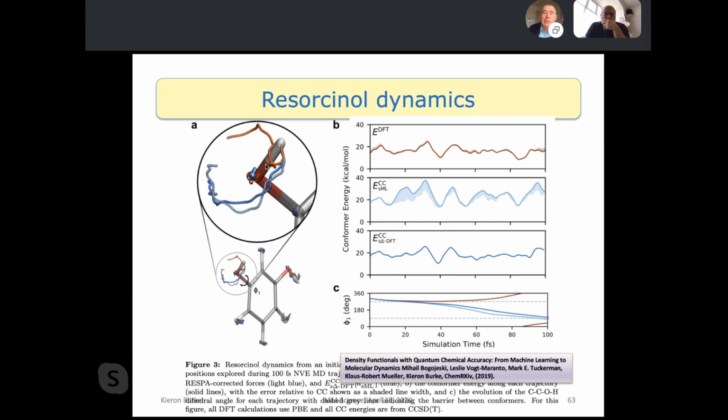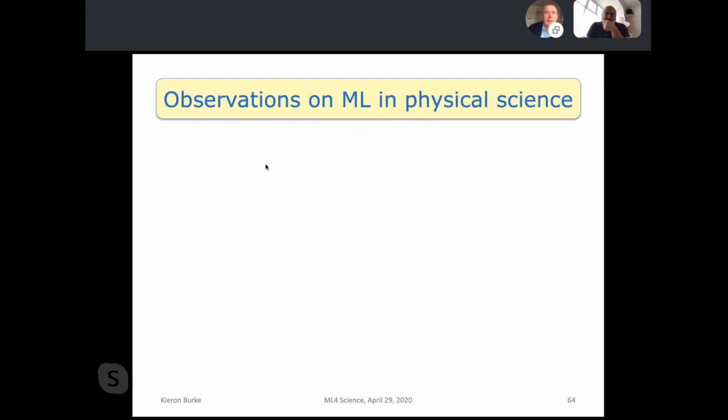So obviously when you're doing MD simulations and you're looking at some rare event, it's going to matter, if your functional is not good enough. And now we can use it to do coupled cluster accuracies. Its cost is still high, and it's going to scale not so great as the system size goes up, but at least you can do it. That's on the archive.